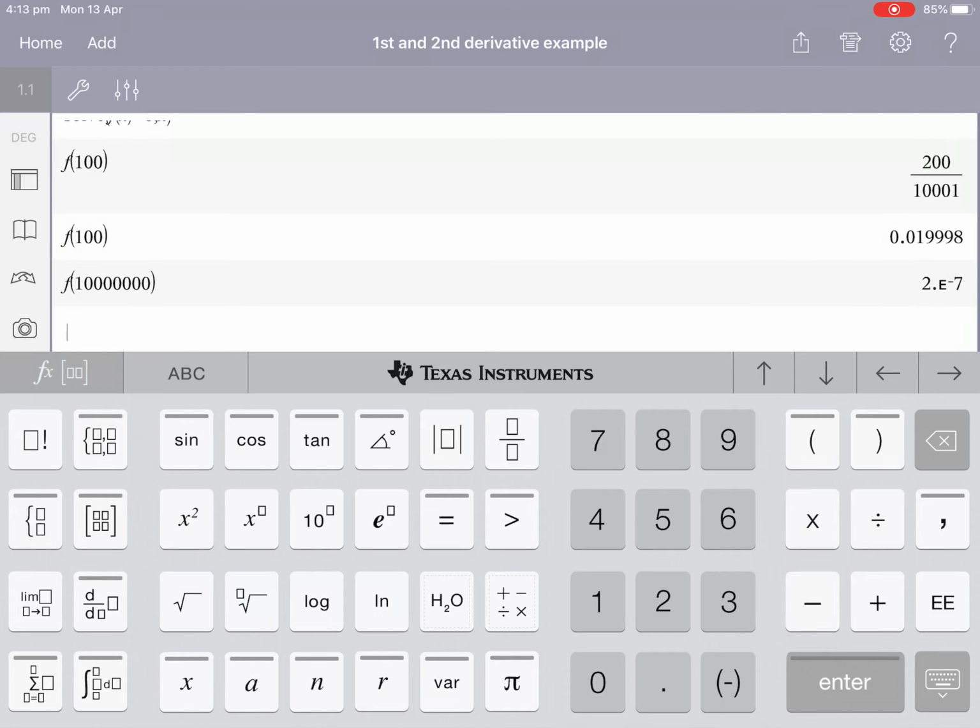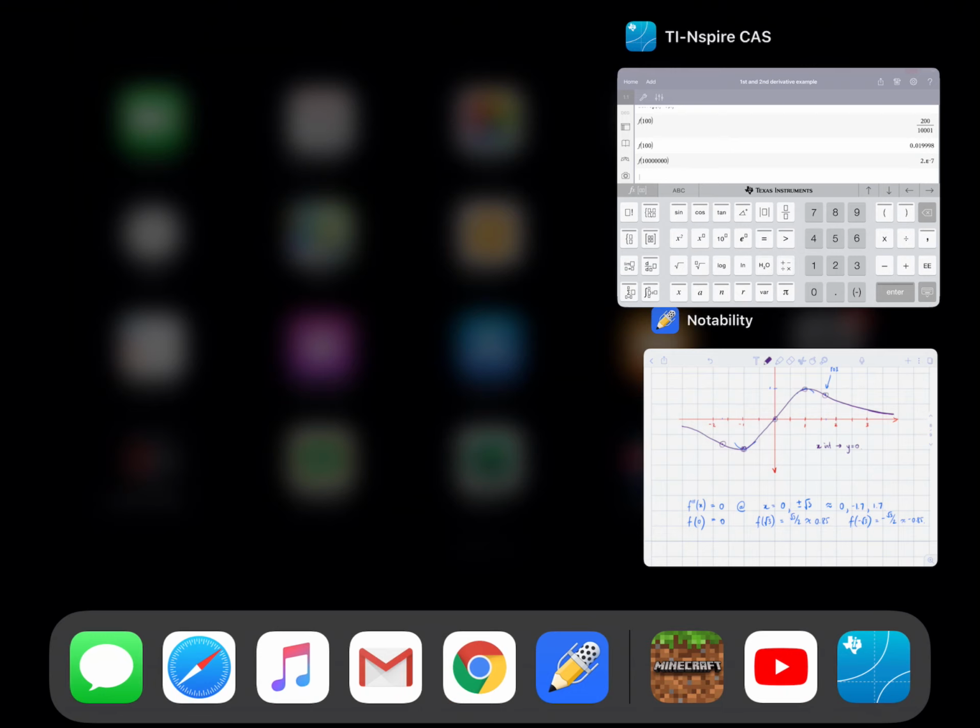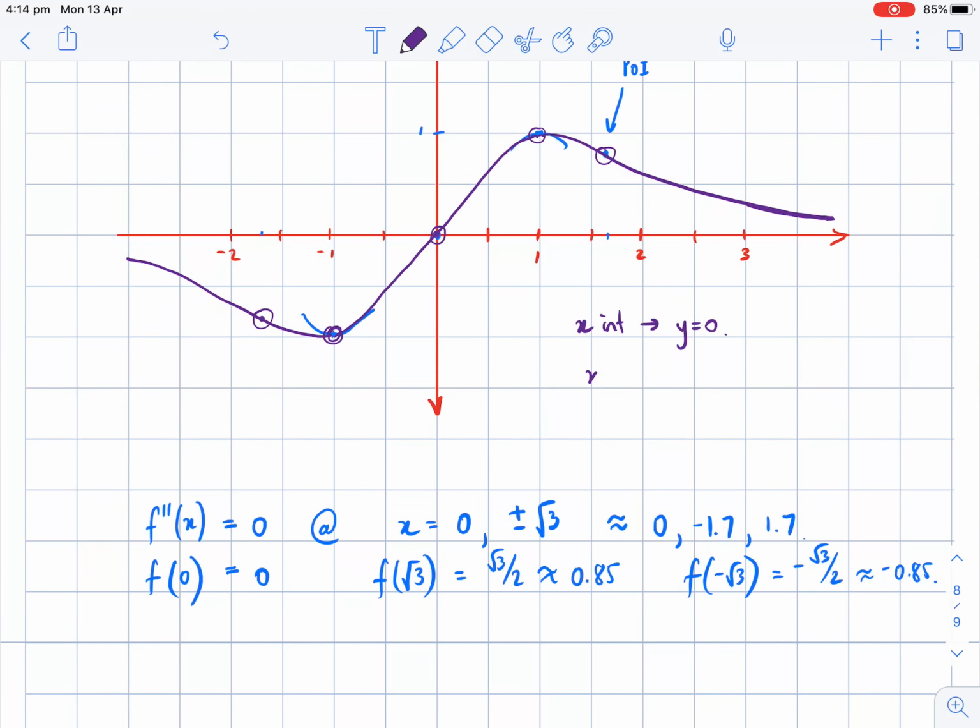So it's 2 e to the negative 7. So that means 0.00000002. So a very small number. We're approaching 0. What we say for this graph is that as x approaches infinity, f of x approaches 0. And as x approaches negative infinity, f of x approaches, now I'm going to put a little negative 0. It's basically approaching 0, but from the negative side of the axis, because all of the values are negatives.